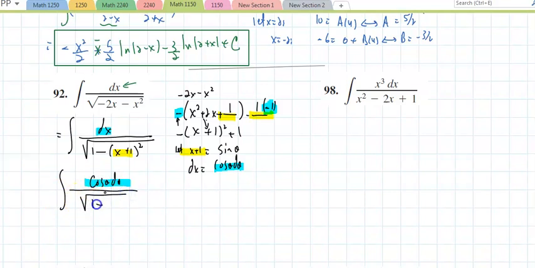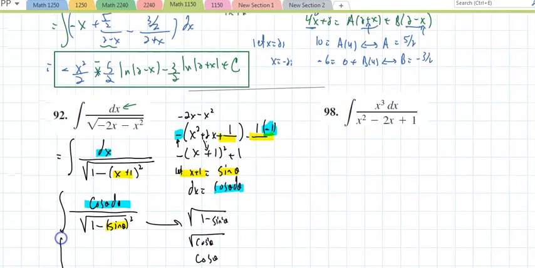Square root of 1 minus, and if I replace with a sine of theta and I square it, now, wouldn't the square root of 1 minus sine squared of theta be the square root of cosine squared of theta? Would be simply the cosine of theta.